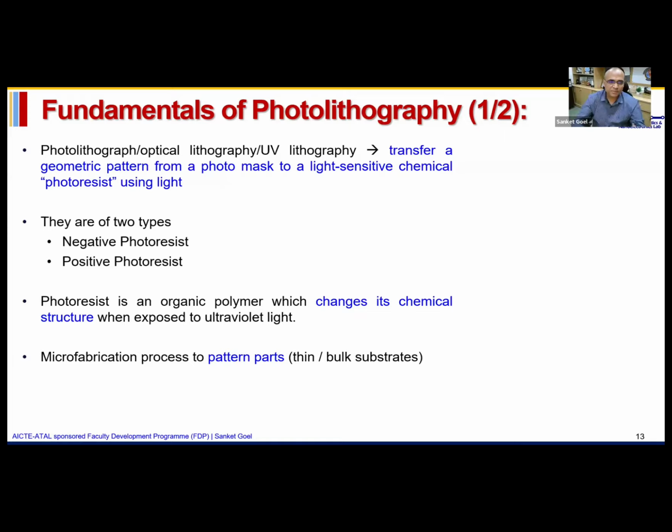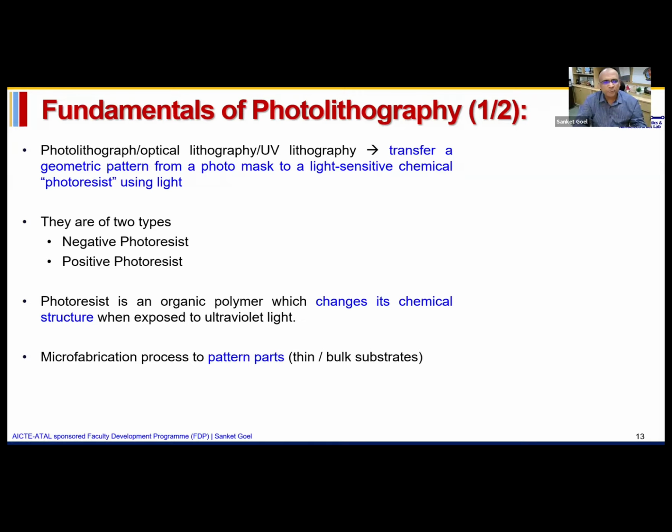Resist means something we can resist, something we can survive, so light does not impinge into those materials. Photoresist. And negative or positive means either light makes it more soluble or light makes it less soluble. So that's how we call it negative and positive photoresist.